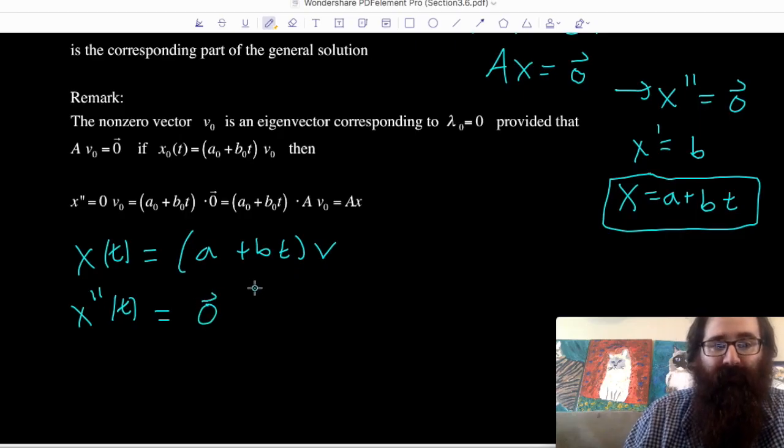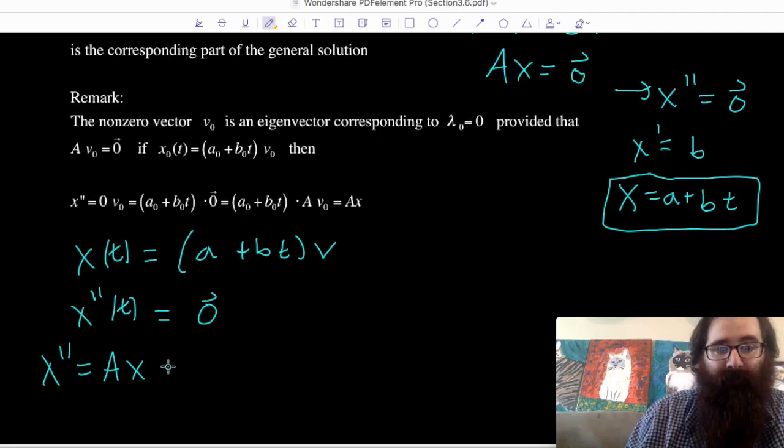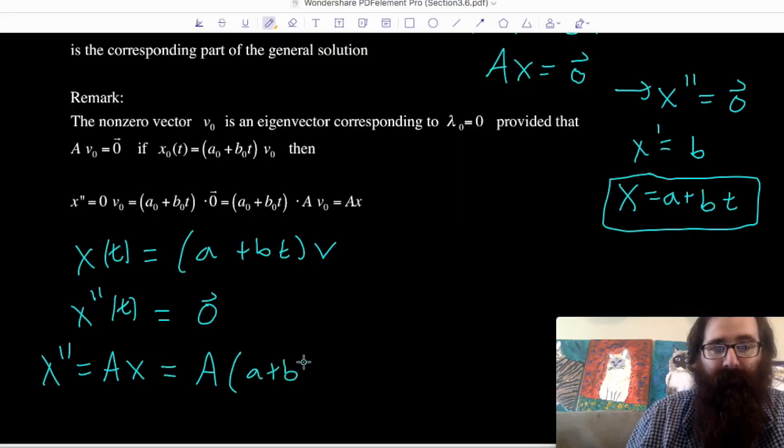So this is going to give me 0, but it's also true that x double prime, if this is a solution, which we're saying it is, should be equal to A times x, which should be equal to A times, and what we said x was, well, it's this a plus bt times eigenvector v. So if x double prime is supposed to be the 0 vector, but x double prime is also A times this little a plus bt times eigenvector v, then I know that these two things should be equal.